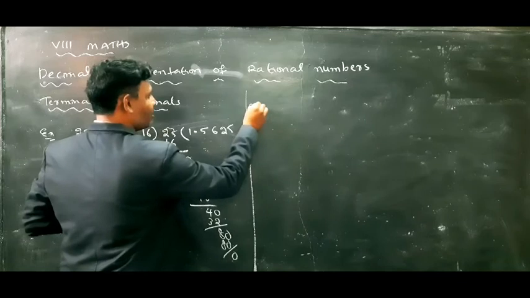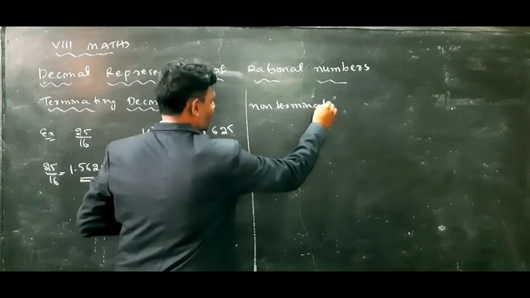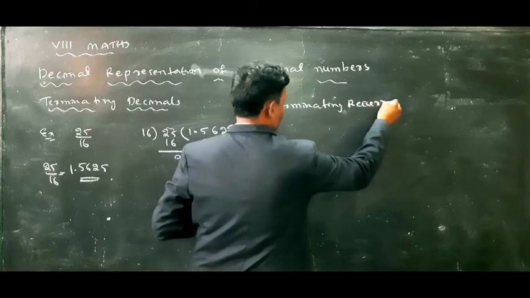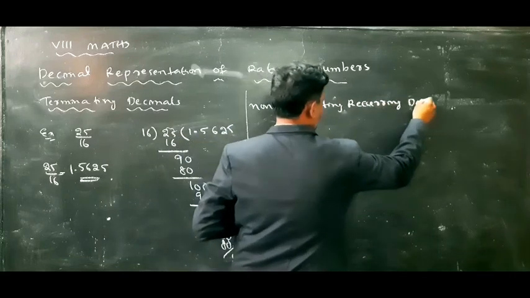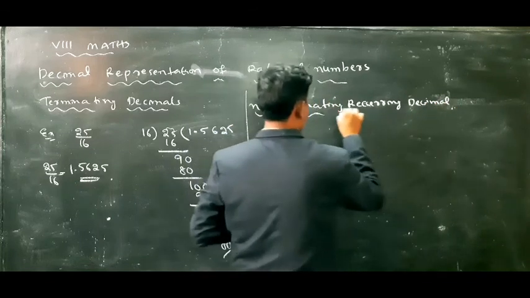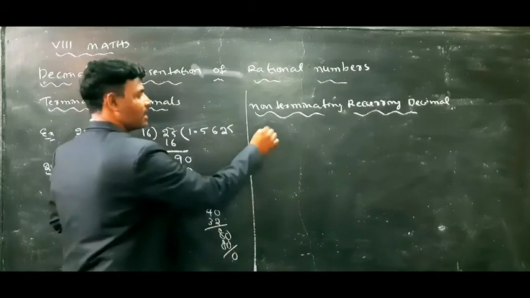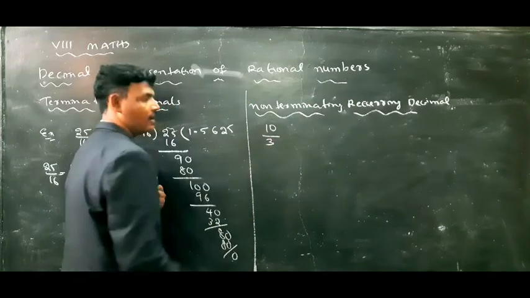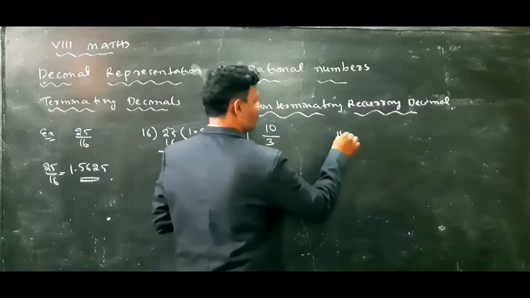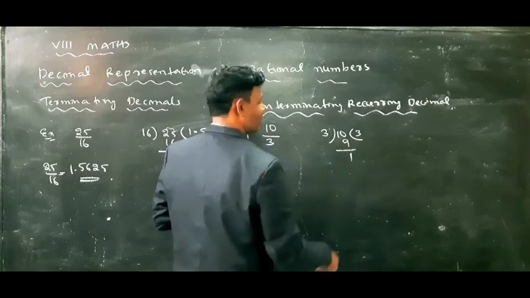Now the second one, non-terminating recurring decimals, which are repeating. For example, 10 by 3. Here you have to divide 10 by 3. 3 3s are 9, remainder 1.